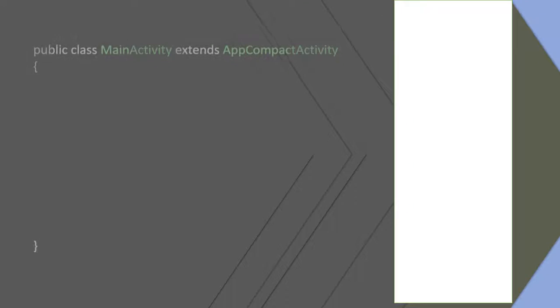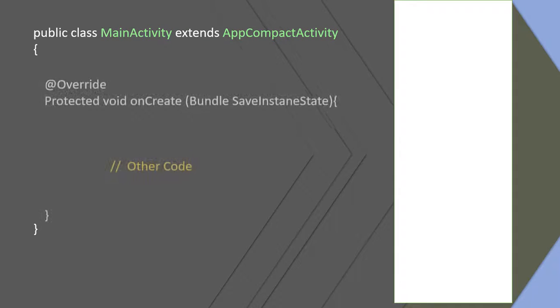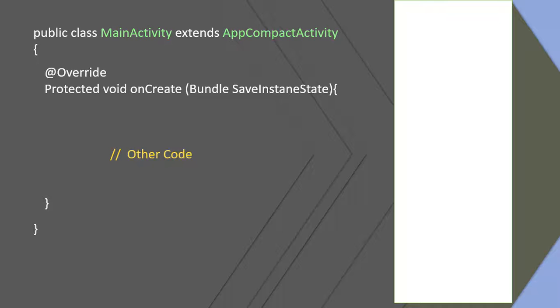So far in our Android application, we saw that when we create an activity, in this case main activity, it extends the AppCompatActivity and has one default method, onCreate. Apart from that, we have a bunch of other methods, and these are the activity lifecycle methods.